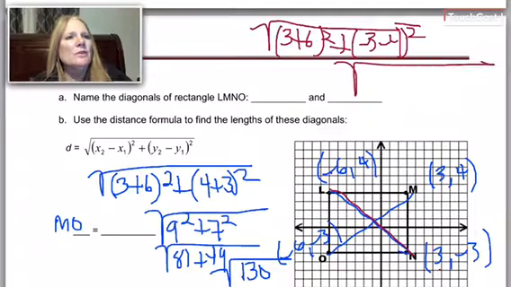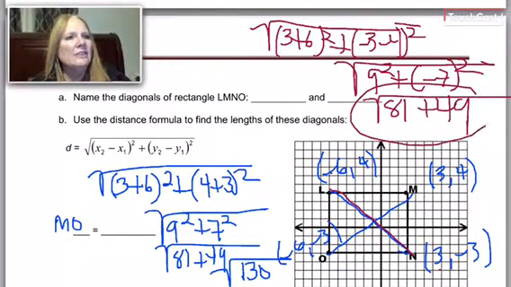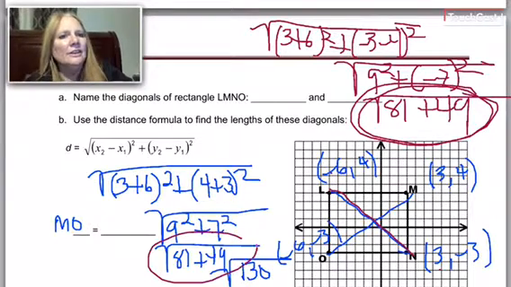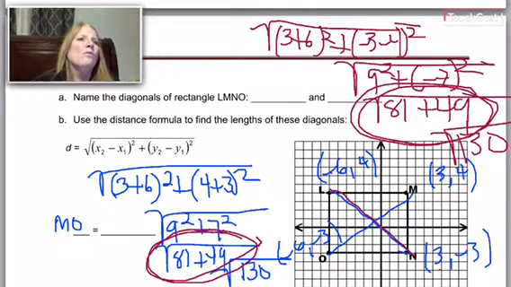So I get the square root of 9 squared plus negative 7 squared, which is 81 plus 49. And if you look here and look here, you're going to see that we're also going to end up with the square root of 130. So what you can see is that the diagonals have the same measure. And that is going to be true in every rectangle.